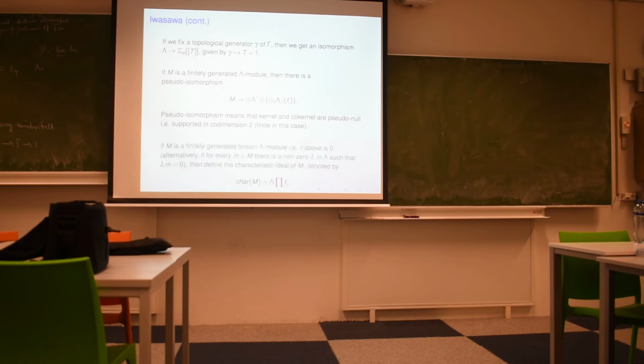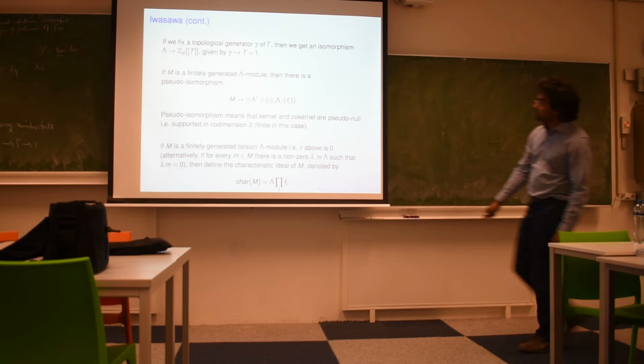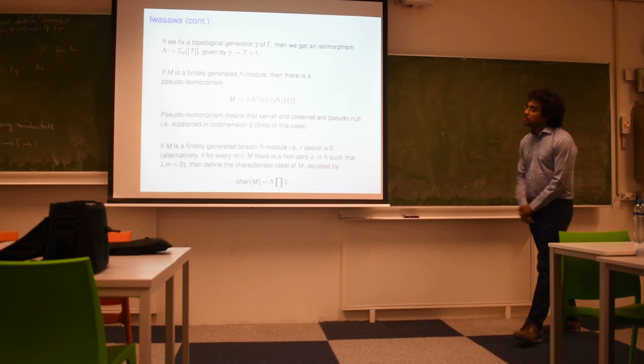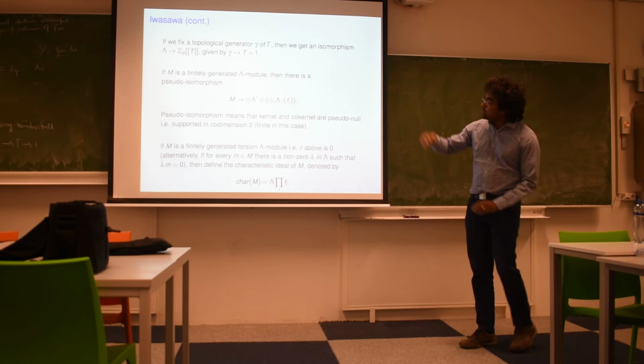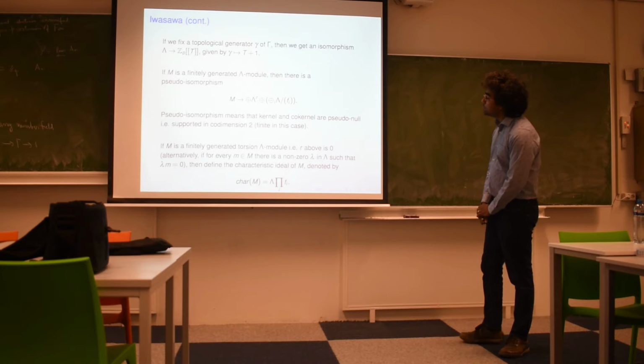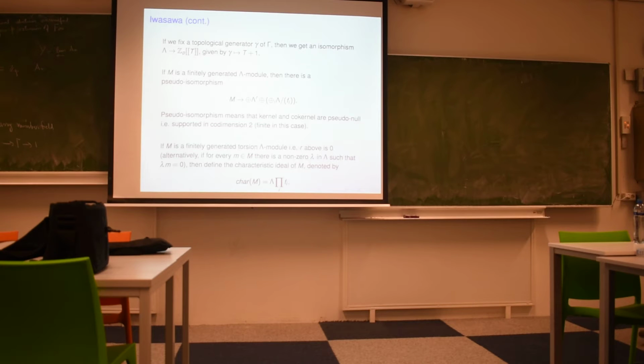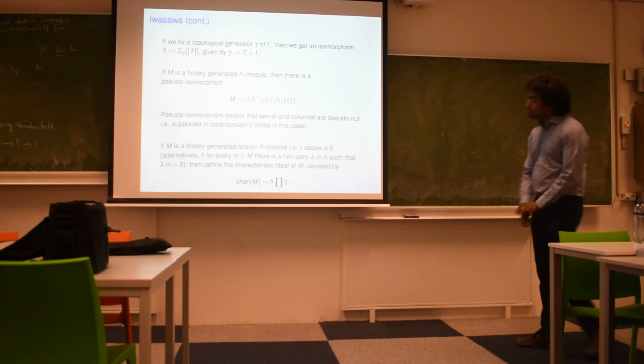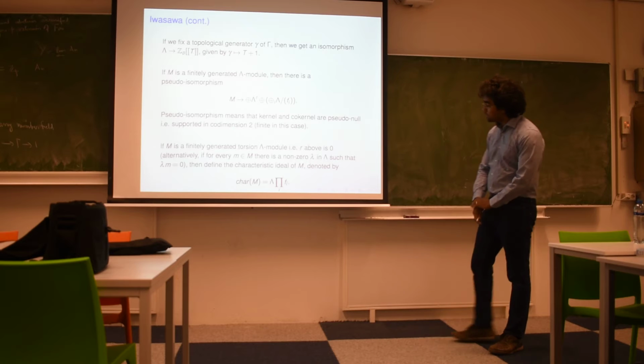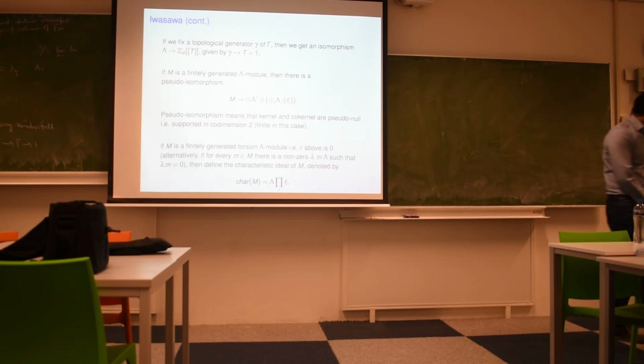Okay, so if I have a finitely generated torsion module, the extra word here is torsion. Torsion means that the rank there is 0, so M is pseudo-isomorphic to something like the basic torsion modules. Another way of saying that it's torsion is that for every m there is a non-zero element which annihilates that m, small m.